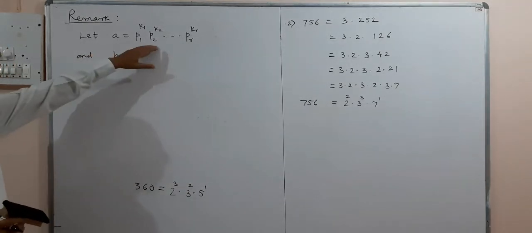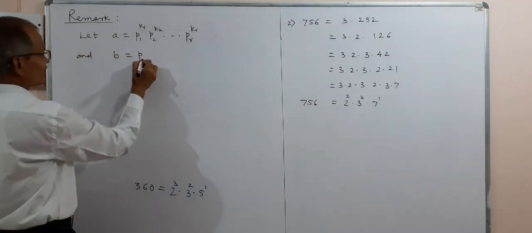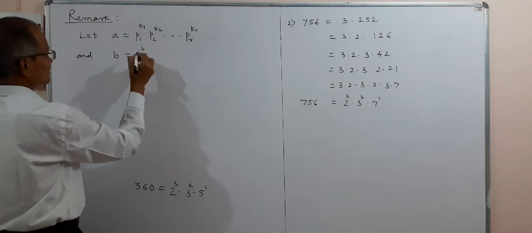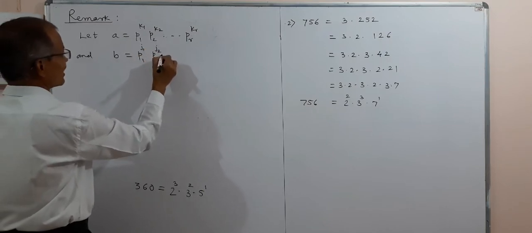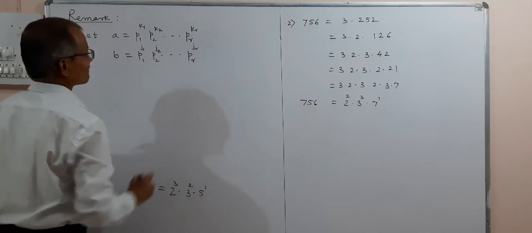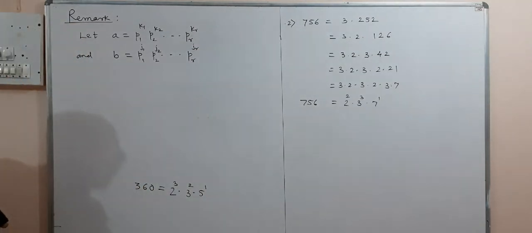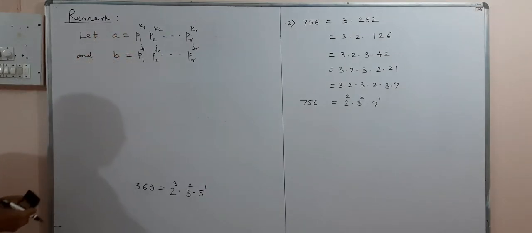That means these primes either divide A or B, but the powers may be different: P1 raised to J1, P2 raised to J2, and so on, PR raised to JR. So this is the expression with exponent may be 0.